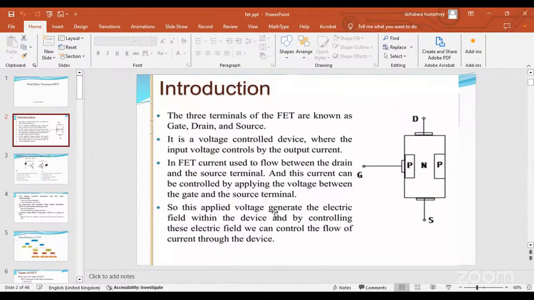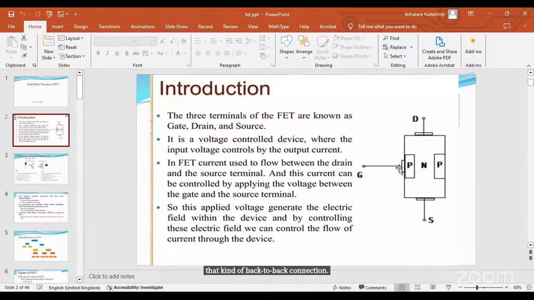So this applied voltage generates an electric field within the device, and by controlling this electric field, we can control the flow of current through the device. Now, if you look at the construction of BJT, you are bringing two PN junctions and connecting them back to back. But in this case, we don't have that kind of back-to-back connection.